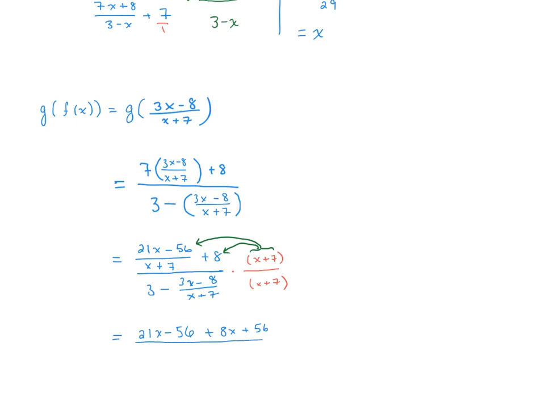Now in the denominator we do likewise, so we take the x plus 7 times the 3, and we get 3x plus 21 minus, now we're going to distribute the x plus 7 times this fraction, but that means the x plus 7s are going to cancel, and so we have minus the quantity 3x minus 8.